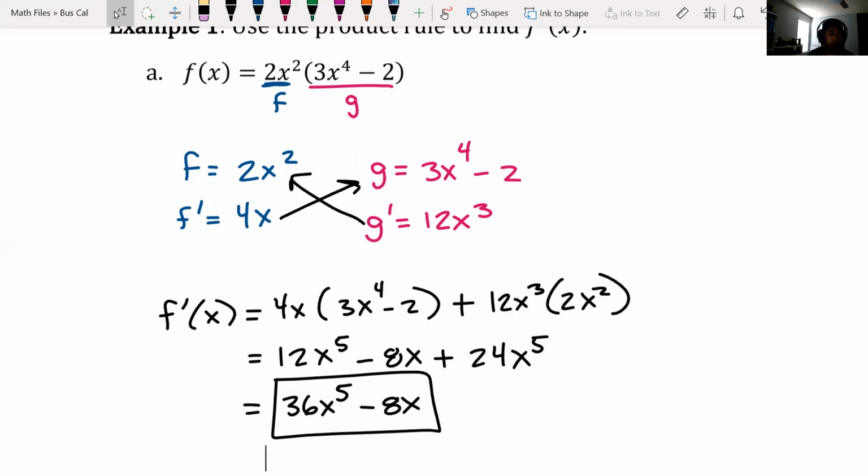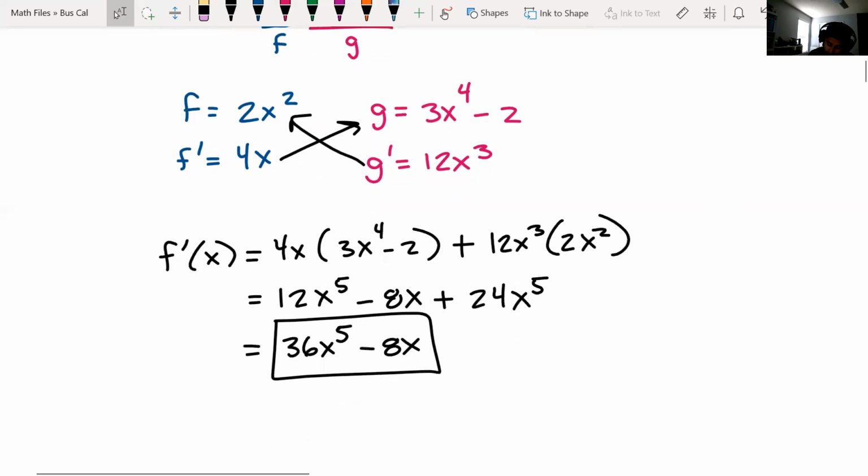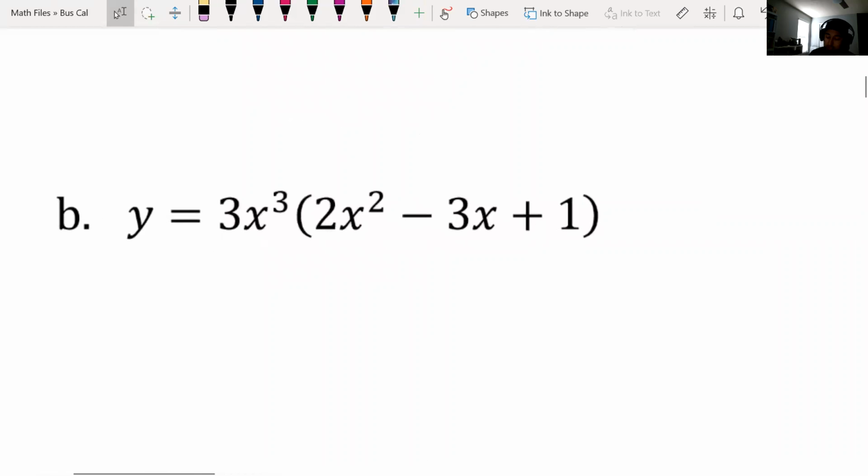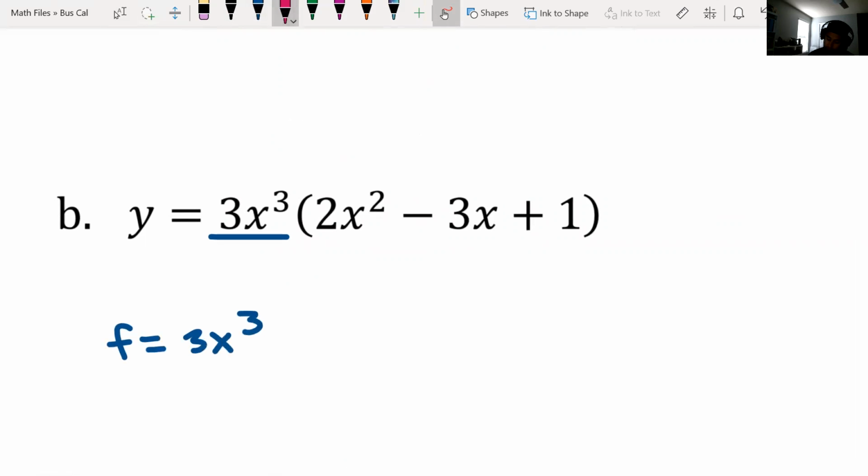Okay, let's keep going then. B, same concept. We're going to use the product rule again. So here's going to be f. I'll label it again. f is going to be 3x cubed, and g is going to be 2x squared minus 3x plus 1.